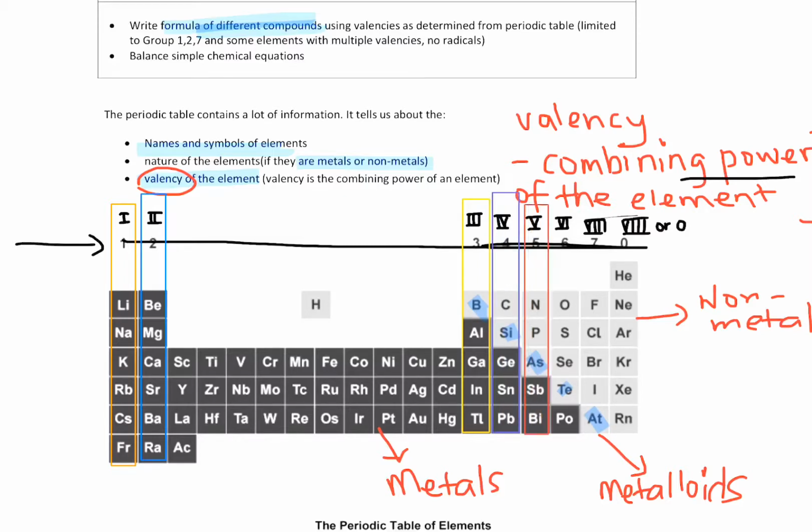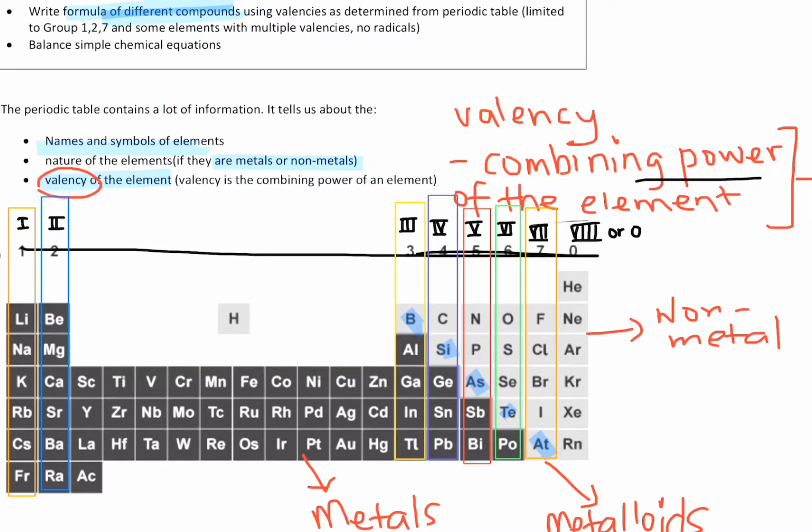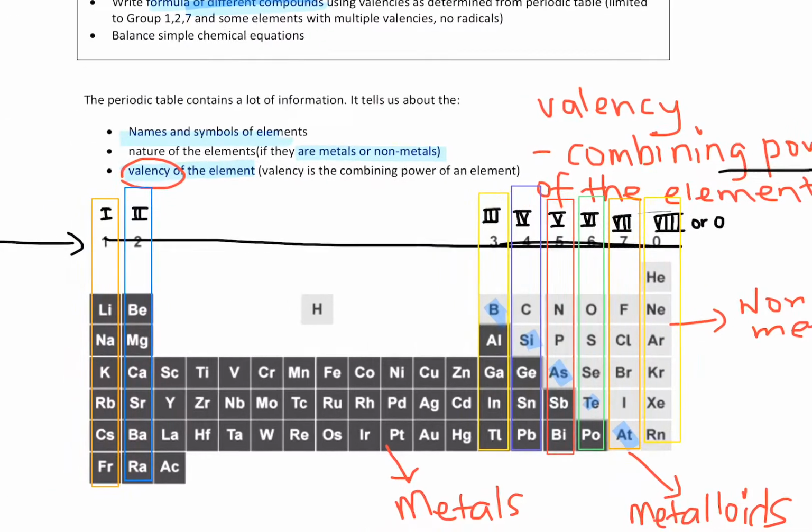Then we have the elements in group 5, and here, group 6. Then we have group 7 over here. Sorry, 7 was wrongly written, so group 7 is good now. And then group 8 or group 0, that's the last group. So you see there are 8 groups of elements.